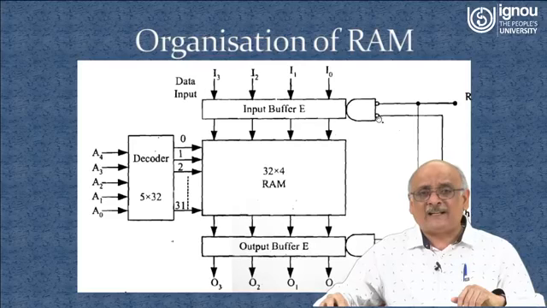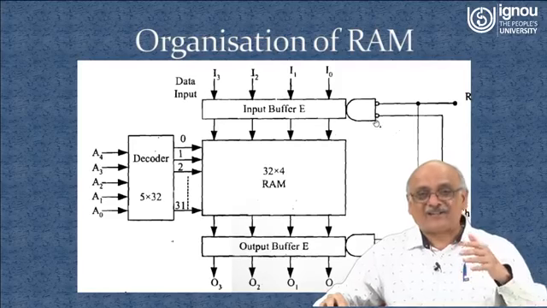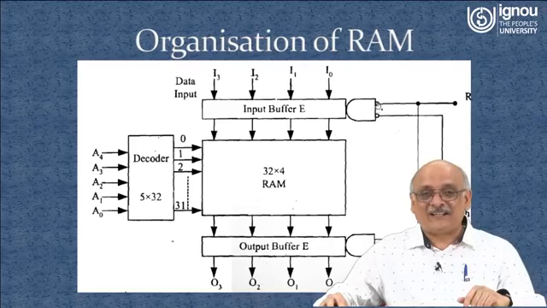It simply shows an inversion. So the output of this NAND gate is going to either enable this particular input buffer, that means it will enable the memory read operation, or if this is enabled, then the output operation will be enabled.